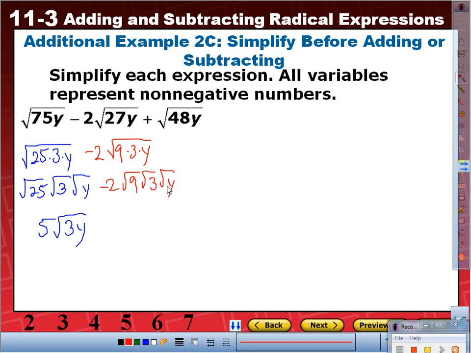So which one can we simplify, Christian? 9. So that becomes 3 times -2. What is 3 times -2? -6. Which one stays inside? The 3 and the y, so it's 3y. So we're done with the second term. Let's go to the third term. Sabrina, help me with this one.